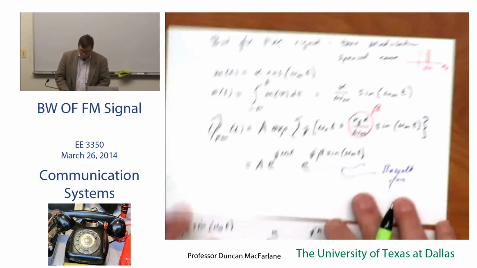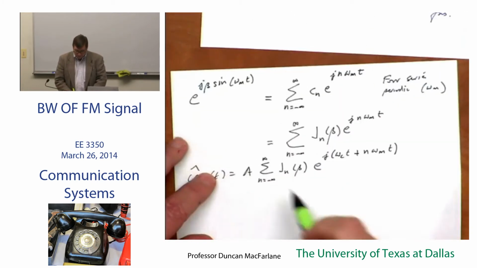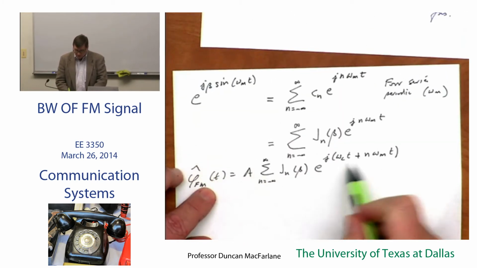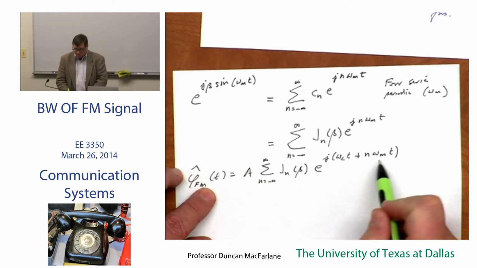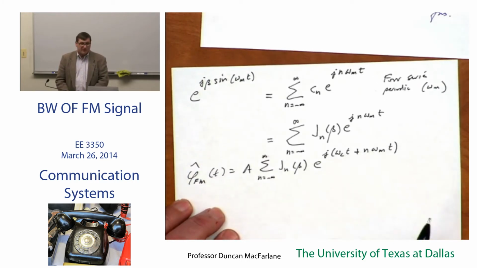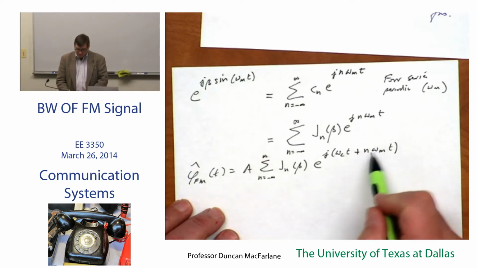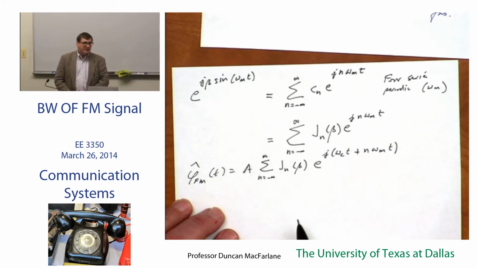So now, if I take this guy here and I multiply through, I just tack on the carrier frequency to all my harmonics of my modulation tone. So my modulation tone has all these n harmonics, and they're just centered around my omega c. Exactly what we saw with the modulation property weeks and weeks and weeks ago.